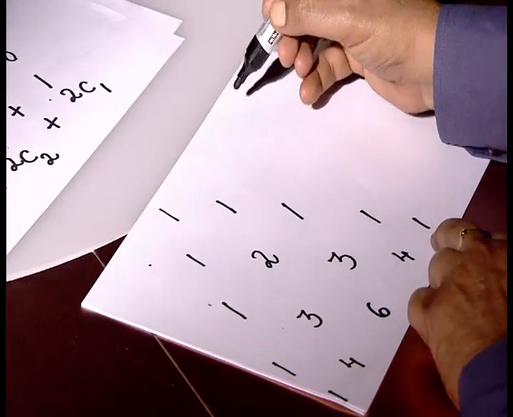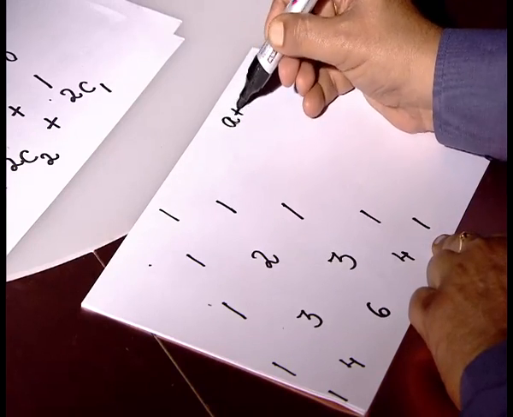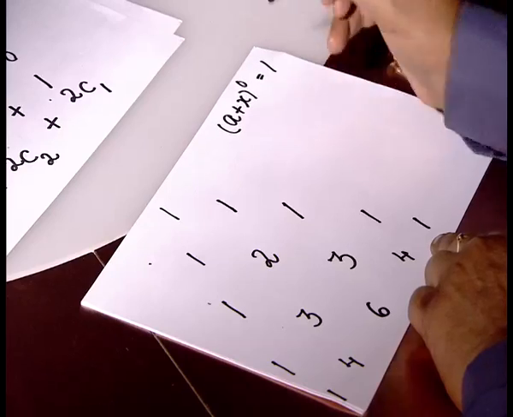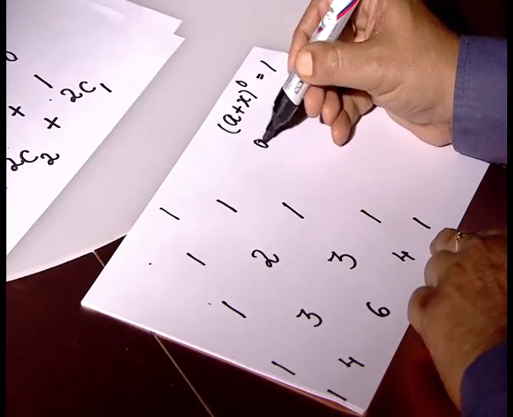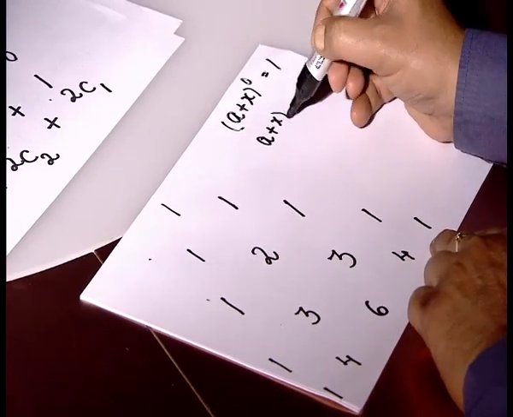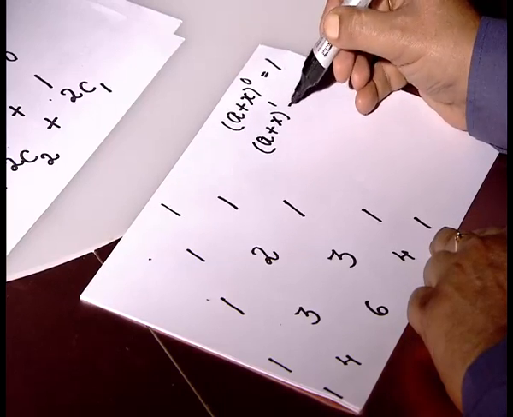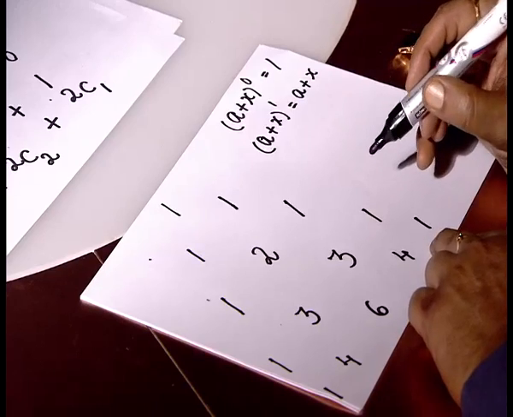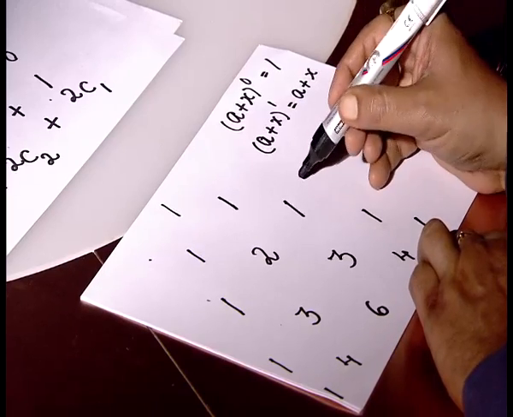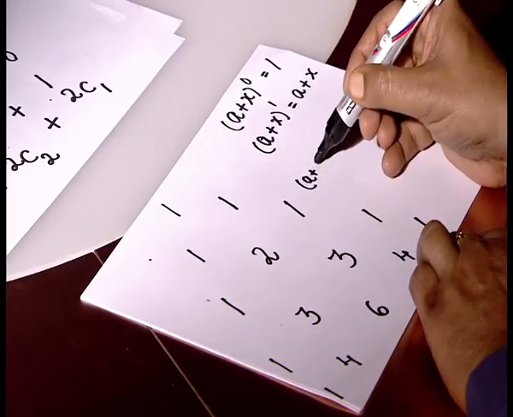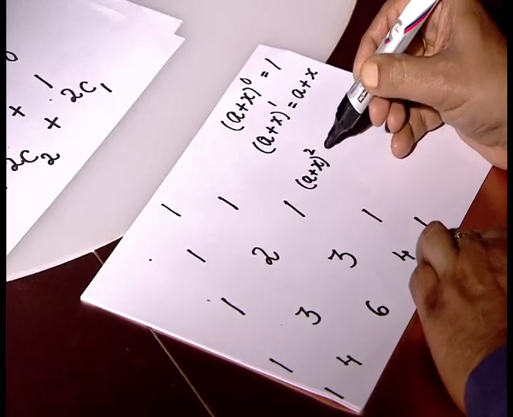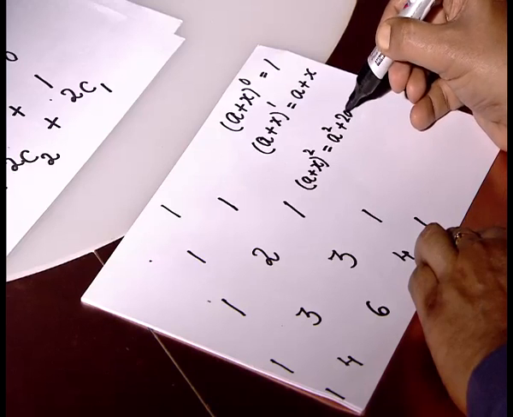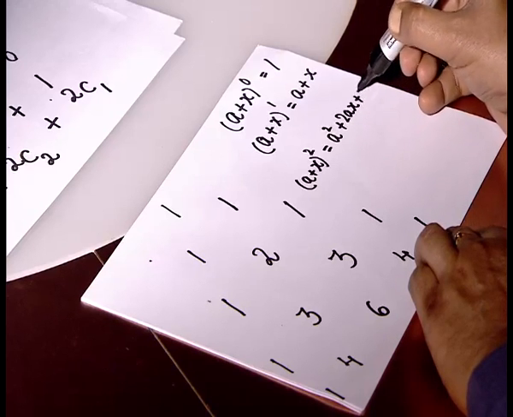See, (a plus x) to the power of 0 is equal to 1, (a plus x) to the power of 1 is equal to a plus x. The coefficients are a and x. Now, (a plus x) whole square is equal to a square plus 2ax plus x square.